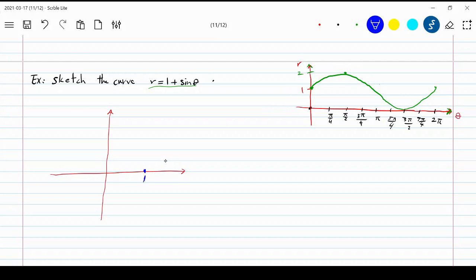At pi over 4, I have radius root 2 over 2 plus 1, so it's a bit larger. So here is pi over 4 and the radius is somewhere here. So you have an increasing radius. At pi half, which is 90 degrees, you have a radius of 2. So you can expect this curve to go along like that and continue.